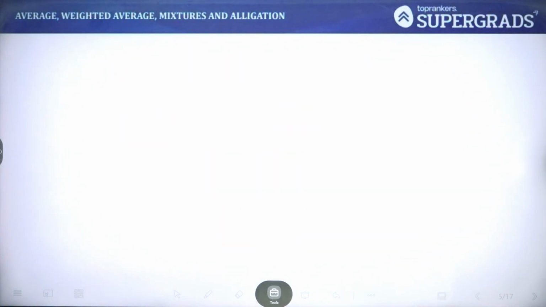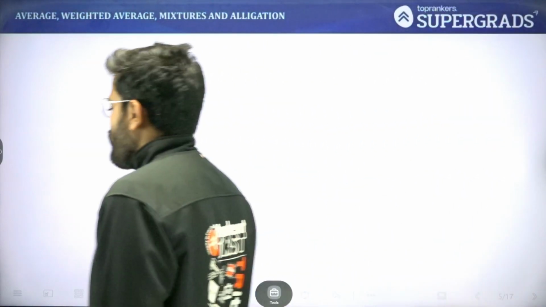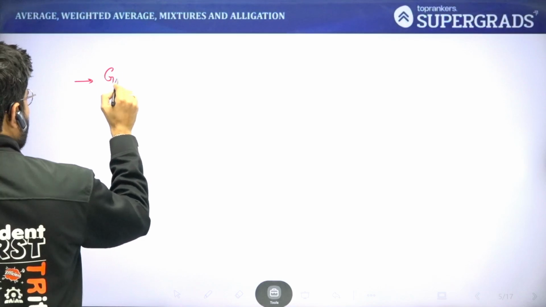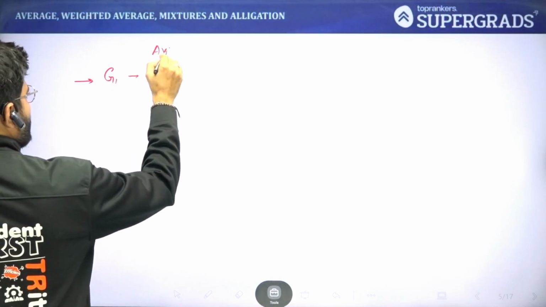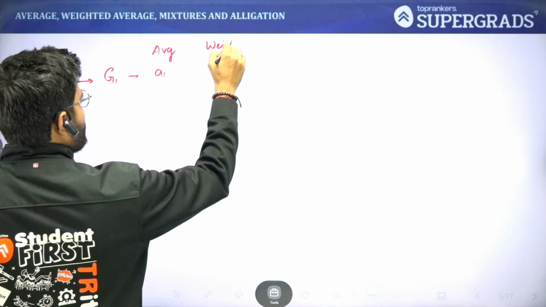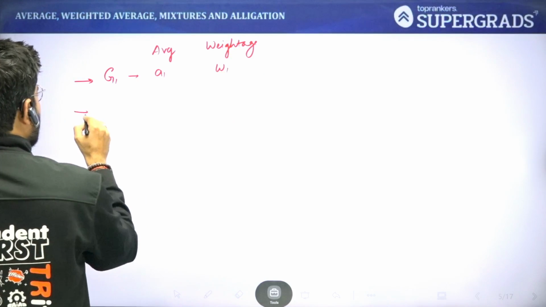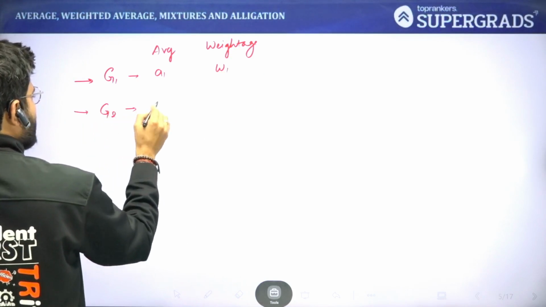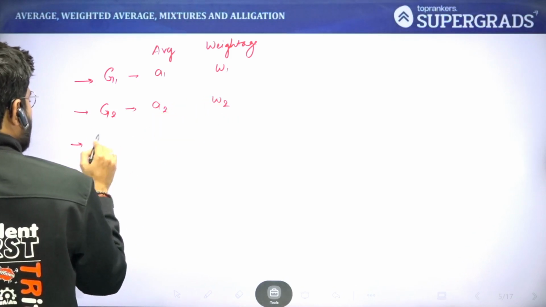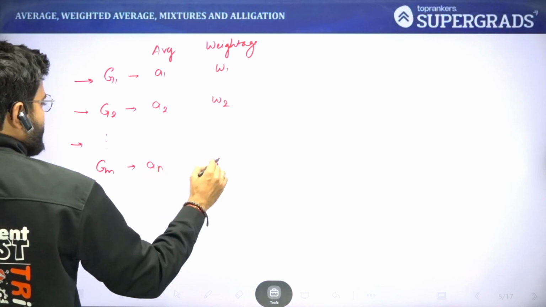If we talk about the weighted average, what is a weighted average? For group 1, the average is given as A1 and the weightage, meaning the number of observations, is given as W1. For group 2, the average is given as A2 and the weightage is given as W2. Similarly, for group N, the average is given as AN and the weightage is given as WN.